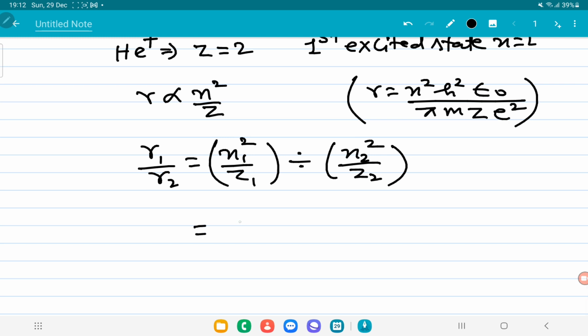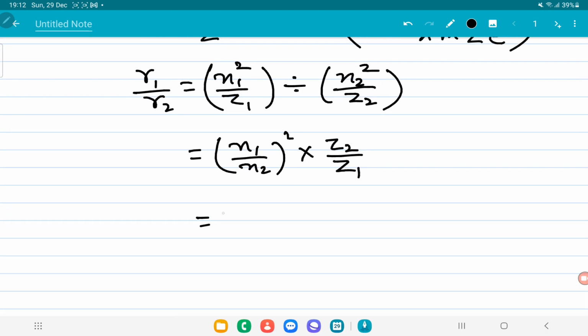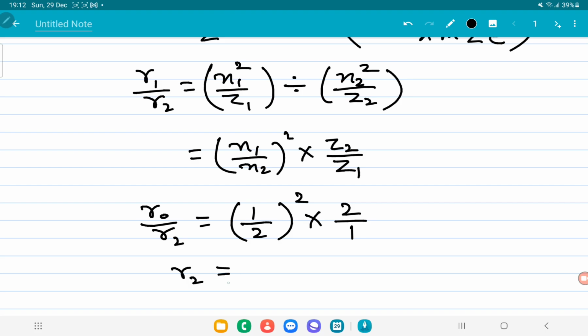And if we solve it, it will become n1 upon n2 whole square into Z2 upon Z1. Now n1 is 1, n2 is 2, Z2 is 2, Z1 is 1, r1 is r0. So we can determine r2 is equal to 2r0, and that is your answer.